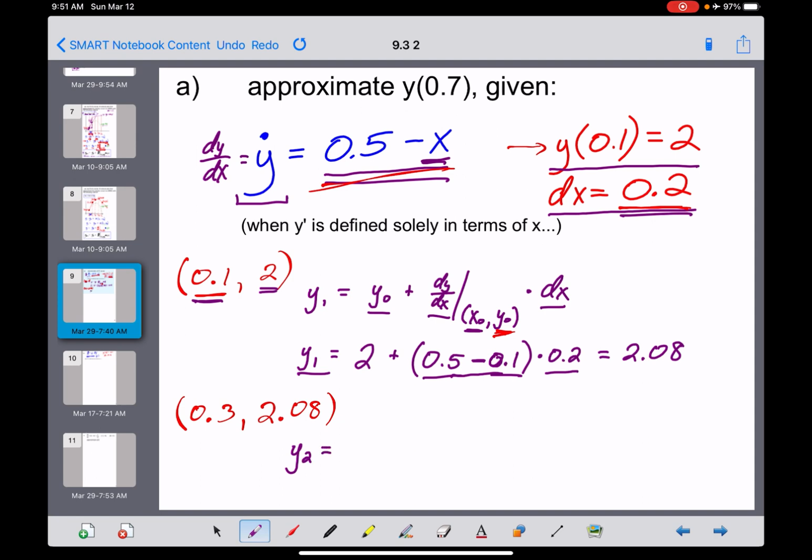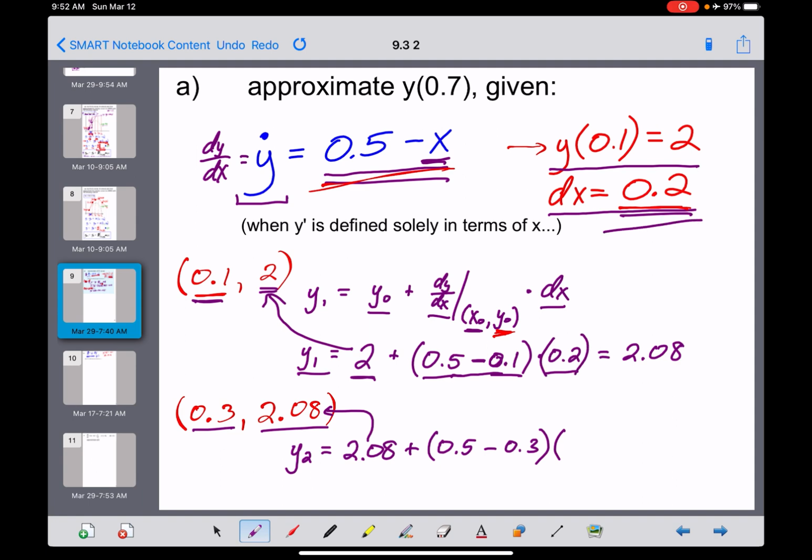So that now equals the previous y value, which was 2, because that was in reference to this number right here, but now it's going to be the 2.08 that we just came up with a moment ago. We'll add to that our derivative, which is 0.5 minus the previous x value, which is now 0.3. And again, we multiply that by dx or delta x, which remains 0.2.